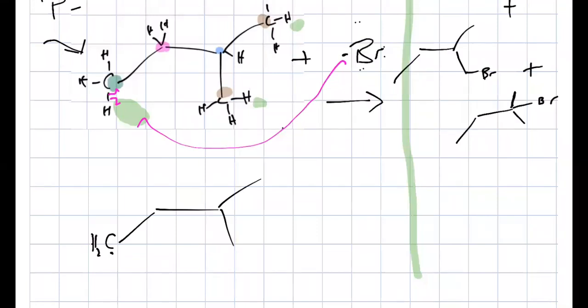So I want you to show me the rest of the propagation steps. Use the right arrows. Don't use double-sided arrows. Use fish hooks or single-headed arrows. Not double-sided, double-headed, I'm sorry. And then I want you to show me the rest, the termination steps, to put bromine at each one of those sites.